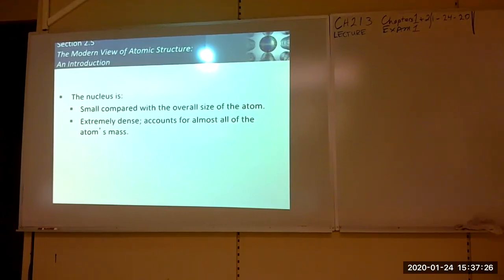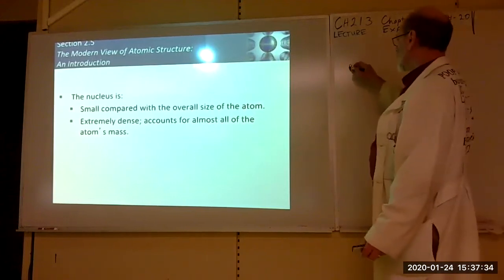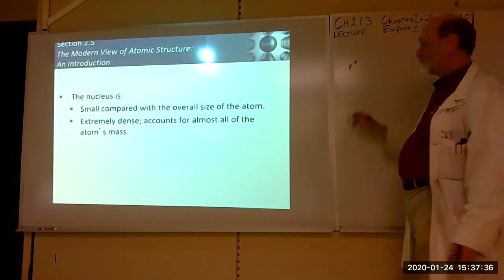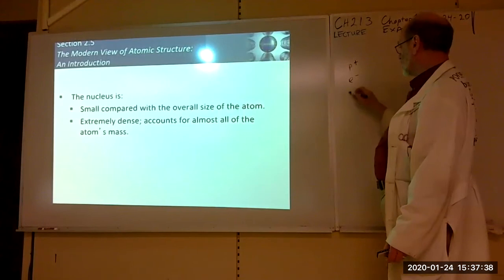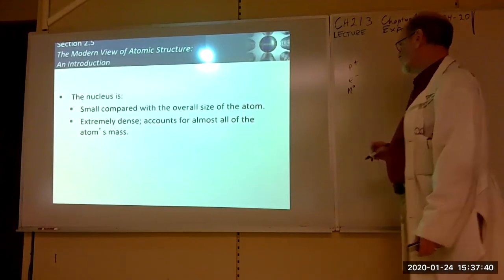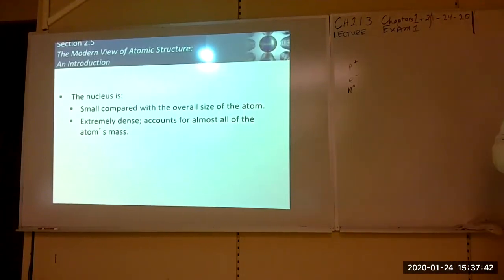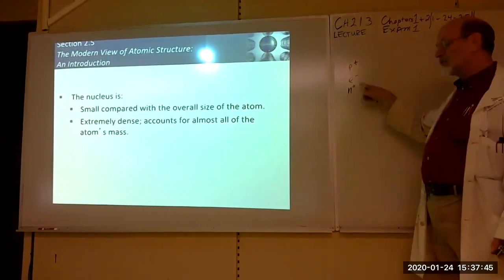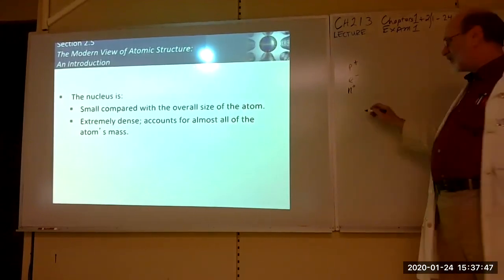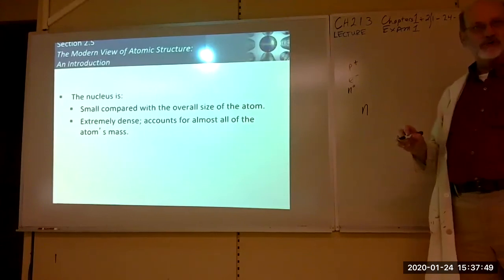Okay, so the nucleus of the atom is very dense. That's where the protons and neutrons reside. And our abbreviations for them, we say e plus for protons, e minus for electrons, and n0 for neutrons. So if it has that 0 there, you know it's a neutron. If it doesn't, you know it means moles.